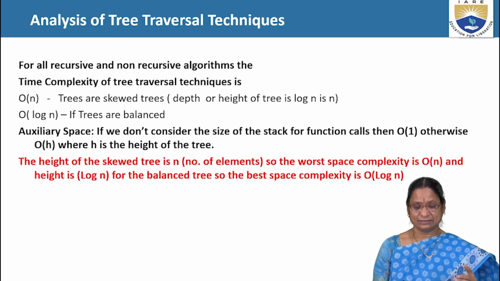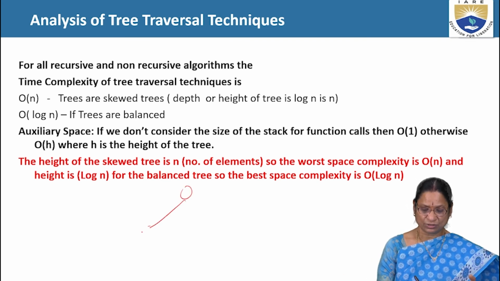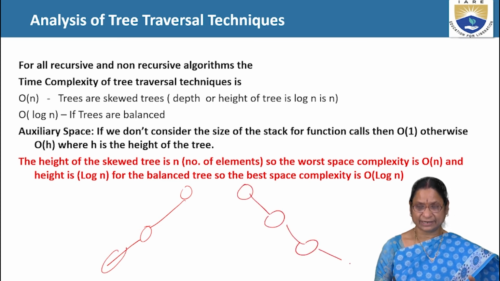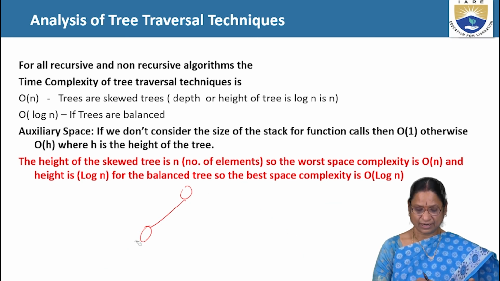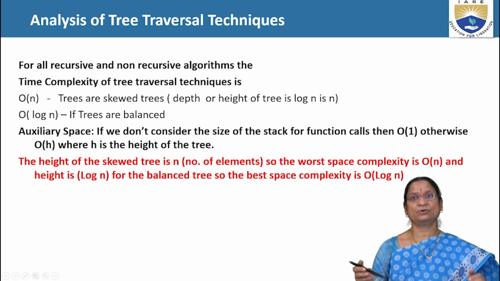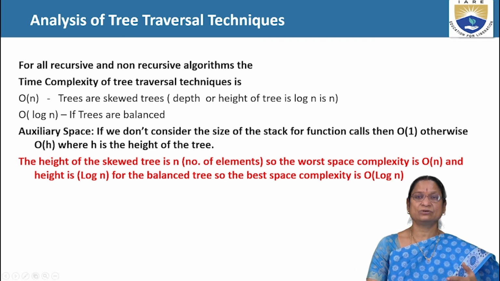Skew means the tree is generated having only left children, or only right children. So if n nodes are there, what is the height here? The n elements have to be traversed in only one direction, so the height of the tree becomes almost n.